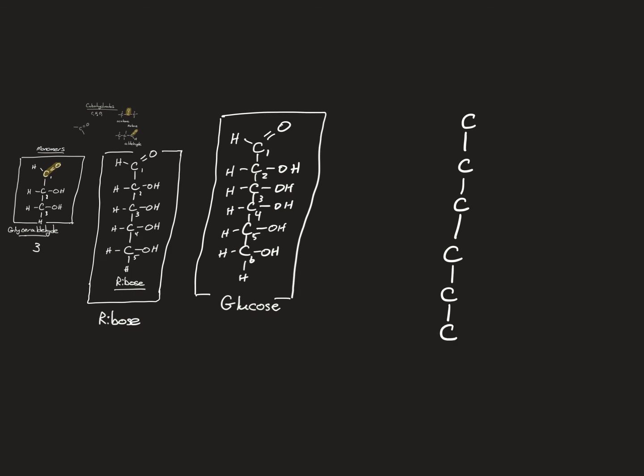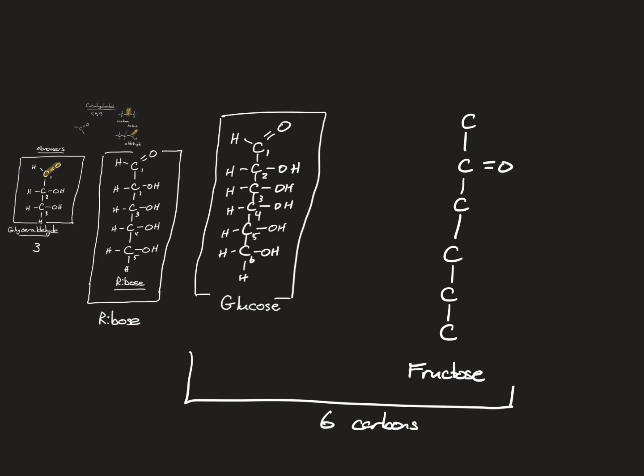Glucose and fructose are structural isomers, and they're both hexoses, so both of these sugar monomers are indeed 6 carbons. The difference is that fructose is not an aldehyde. It's a ketone, so it has a double bonded oxygen here.